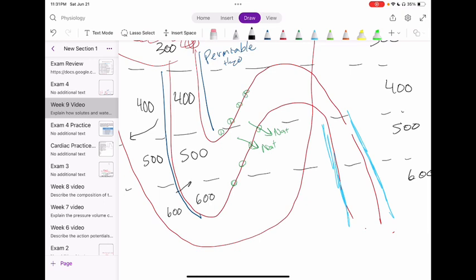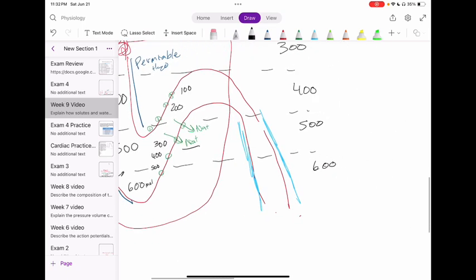It's not able to diffuse in and out, but we are losing these ions. So we have 600 milliosmoles. And quickly we're going to go 500, 400, 300, 200. We'll get all the way to 100 up here towards the distal collecting tubule and the macula densa.